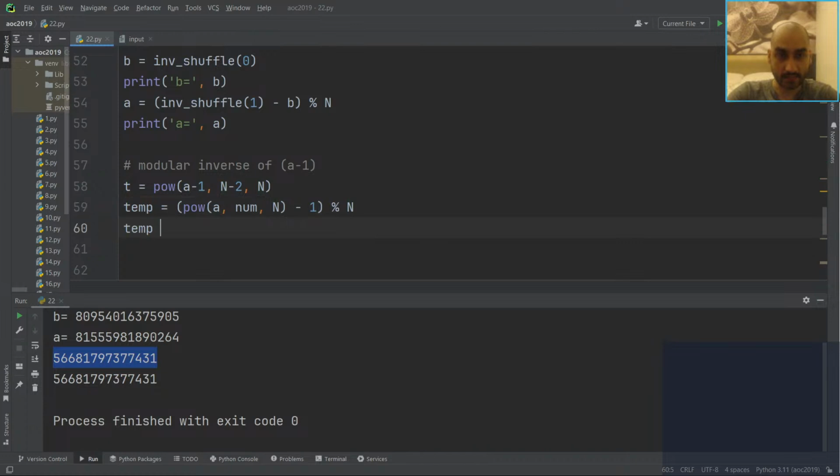And then temp equals temp times T, the modular inverse of A minus 1, % N. Okay. Then we multiply by B. Temp equals temp times B % N.